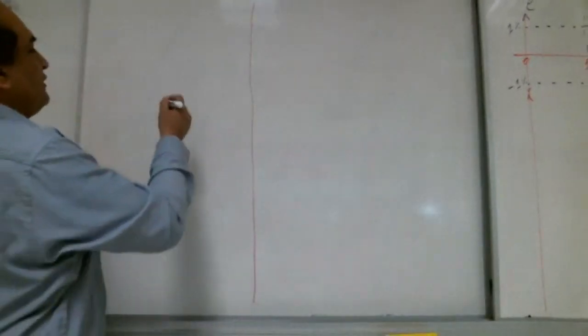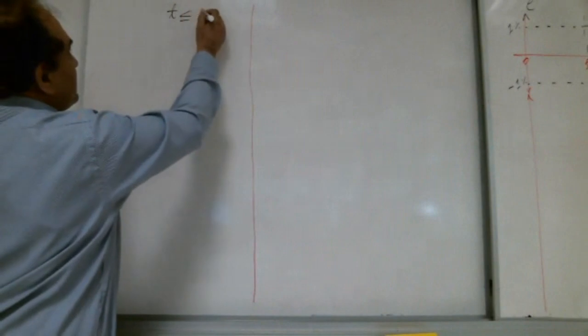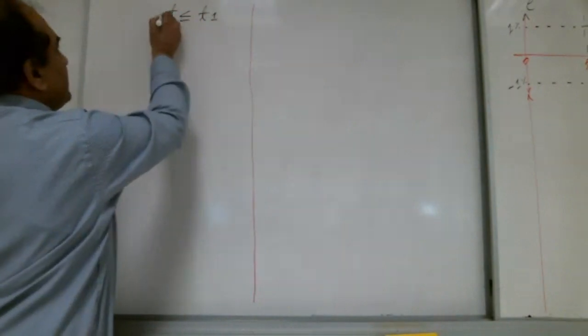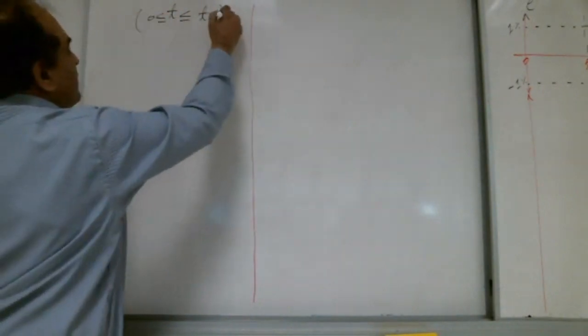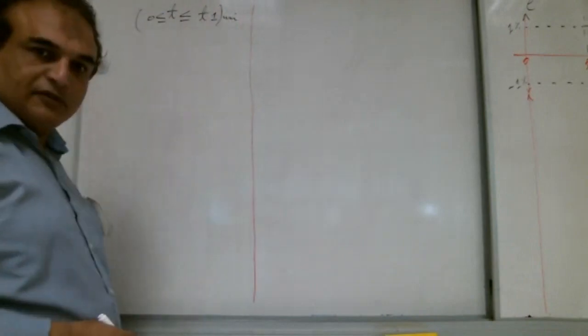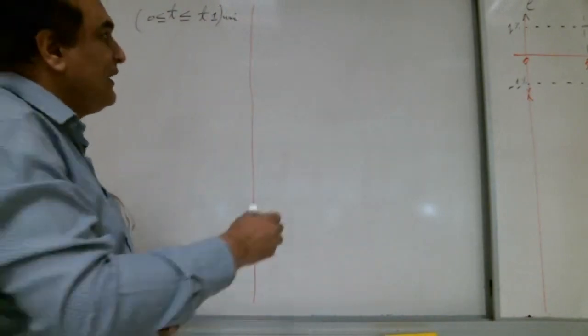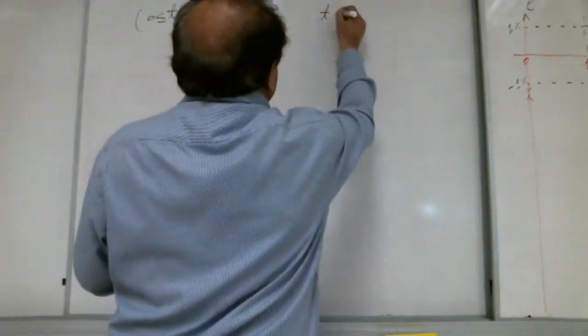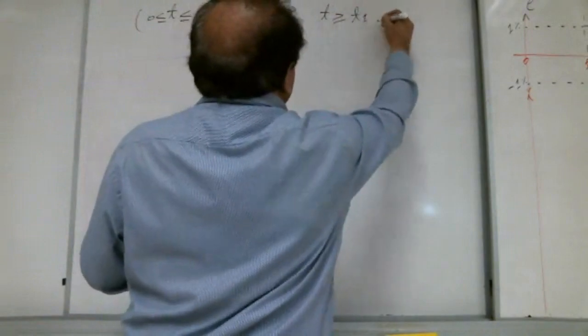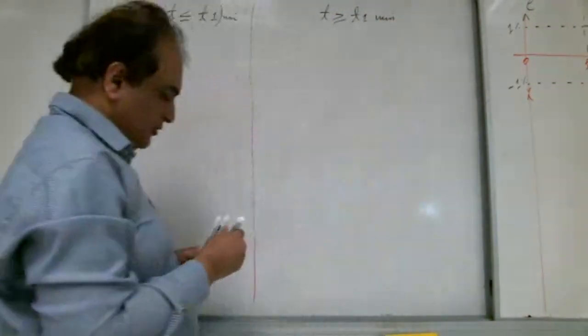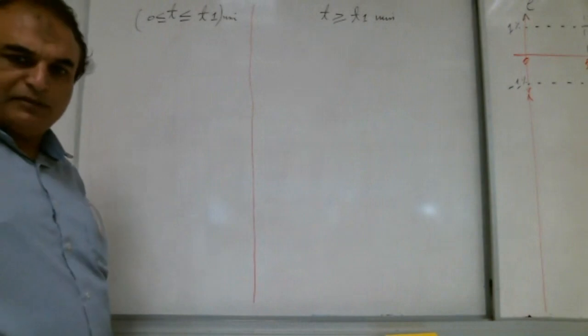Here the time t is less than or equal to t1 and greater than or equal to 0 minutes. And here the time t is greater than or equal to t1 minutes. Everybody with me, Shabab?